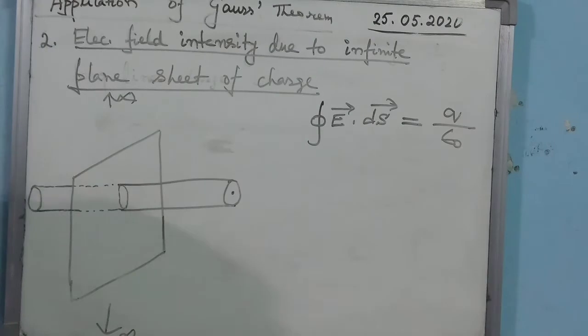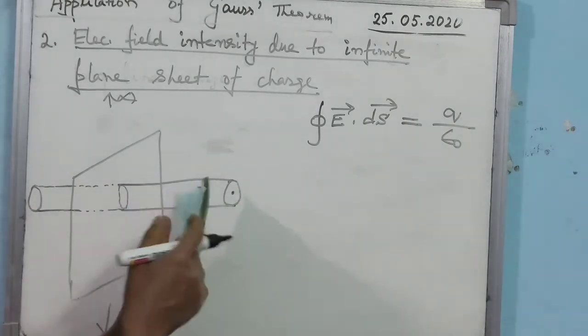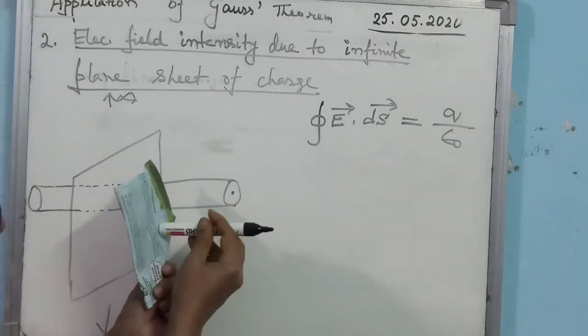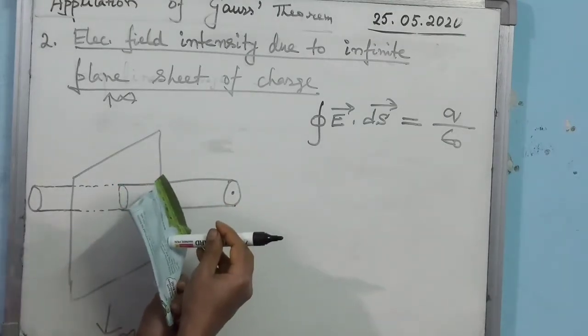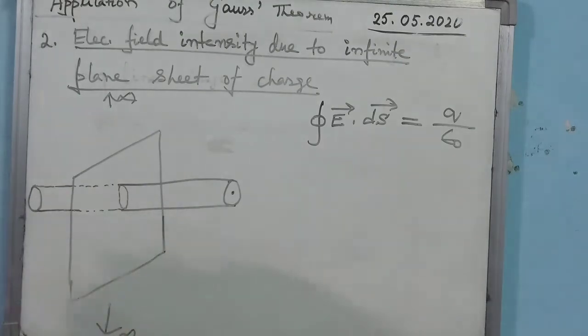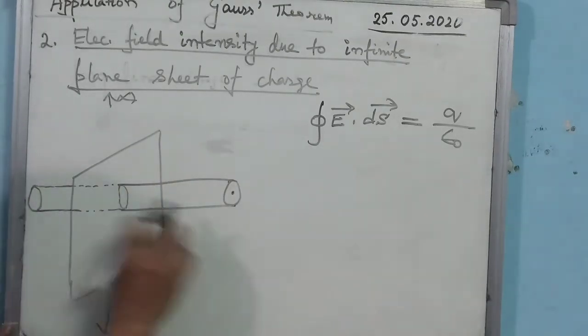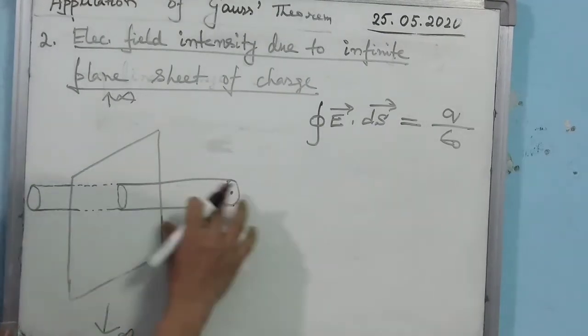Alright, I hope you are understanding it. Suppose this is the plane sheet of charge, alright, and you are considering the Gaussian surface like this. It is also a cylinder, but the cylinder is horizontal.